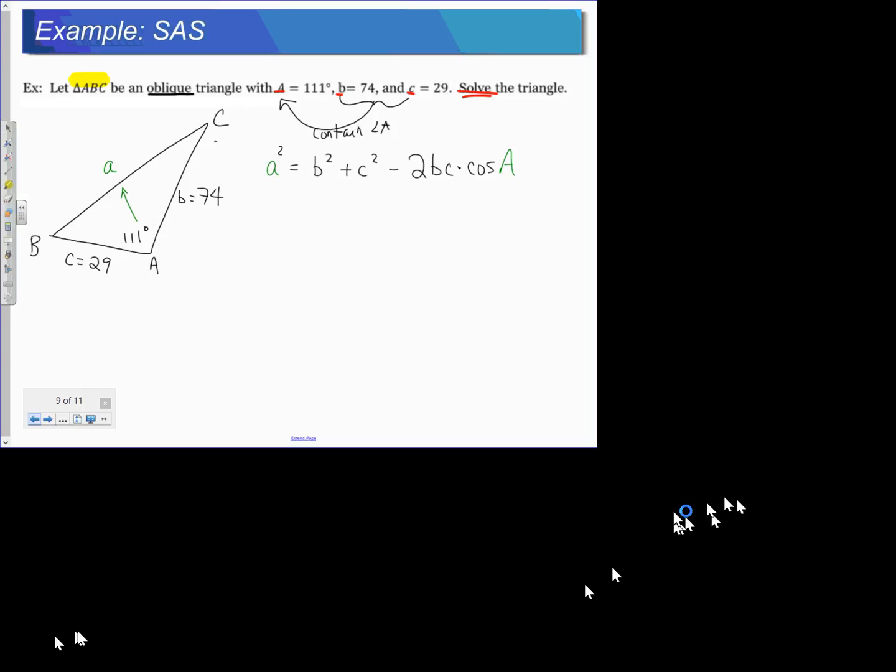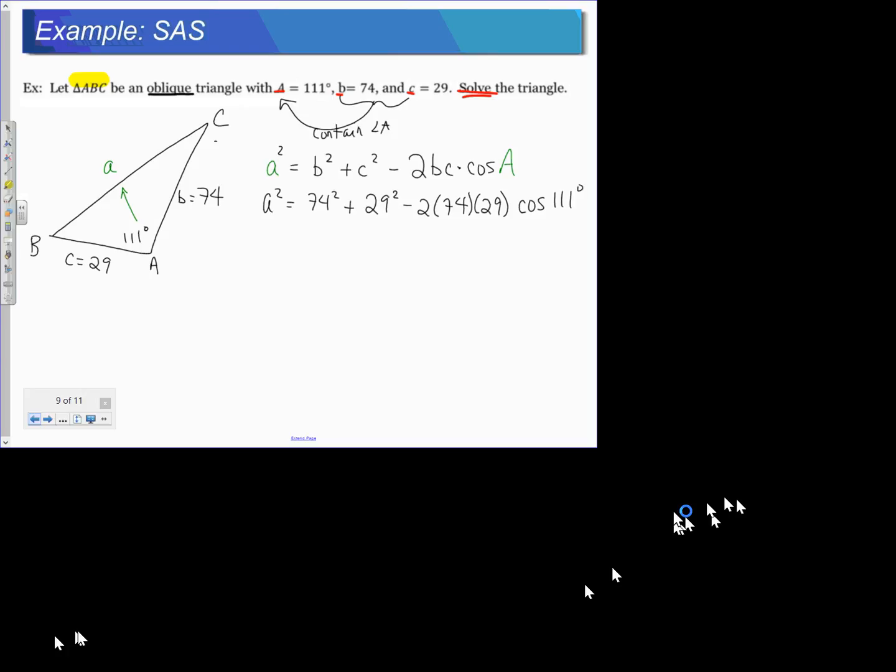A, of course, we do not know, but B is none other than 74. That gets squared along with the 29, minus the product of 2, 74, and 29, multiplied by the cosine of 111 degrees.